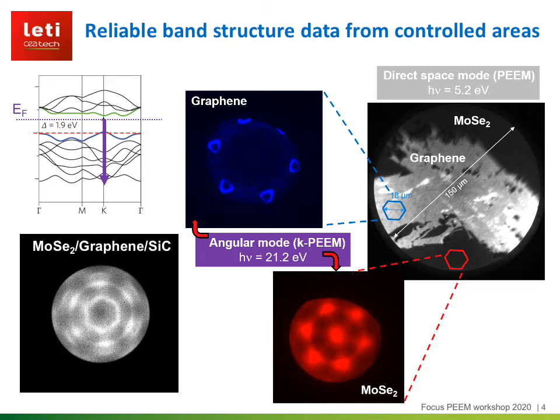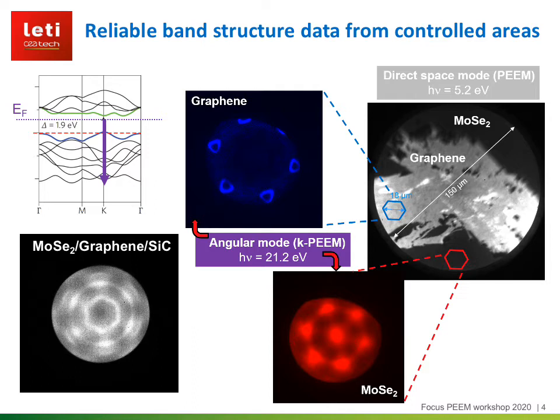And the beauty of the NanoESCA instrument is that you can very easily switch from direct space mode, this is the PEEM image on the right, to angular space mode, where you select a restricted area, in that case something like 18 microns. You select such an area on the field of view of the PEEM image, and you can record the angular images, which translate into momentum images. And you have perfect control over this area which you are selecting.